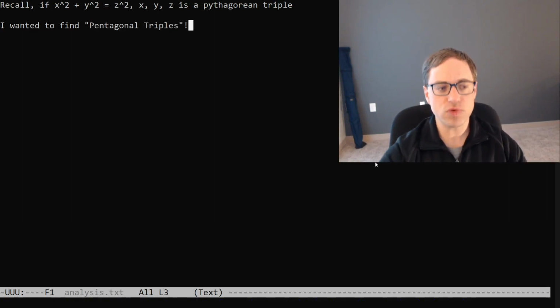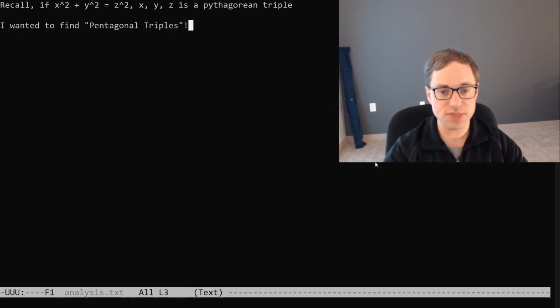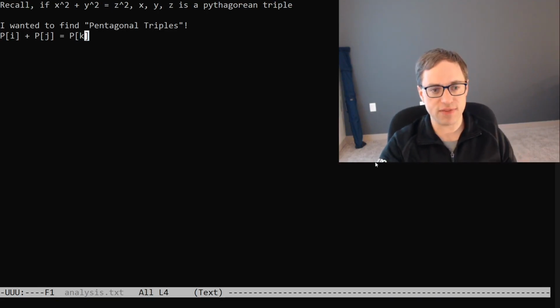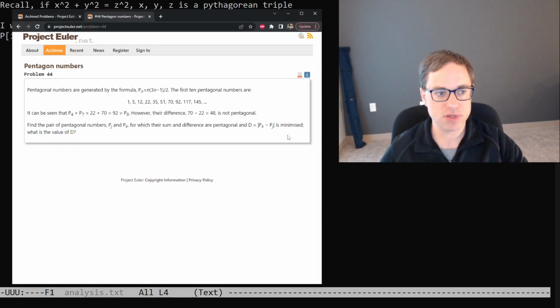And the reason why I thought this might be amenable to a similar approach is that if you look at this expression, p sub i plus p sub j equals p sub k, if you were to expand this out, you'll recall, going back to the problem description for a moment, that this expression has this n squared term in it.